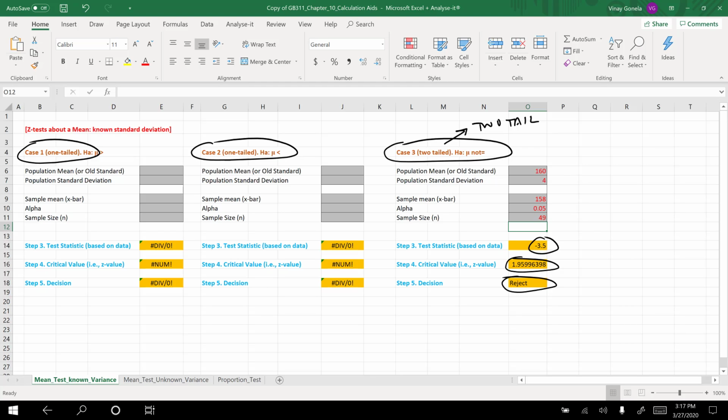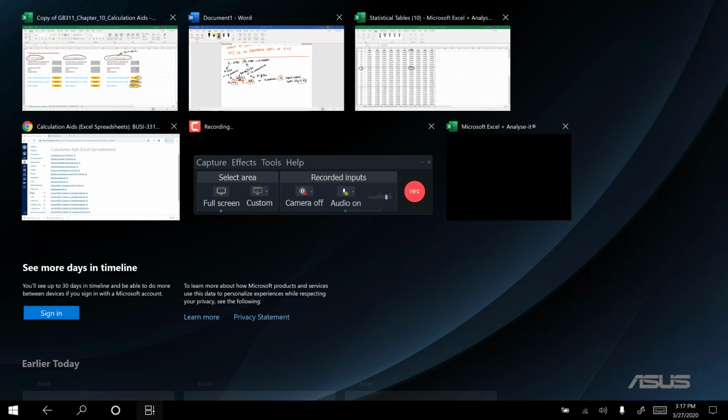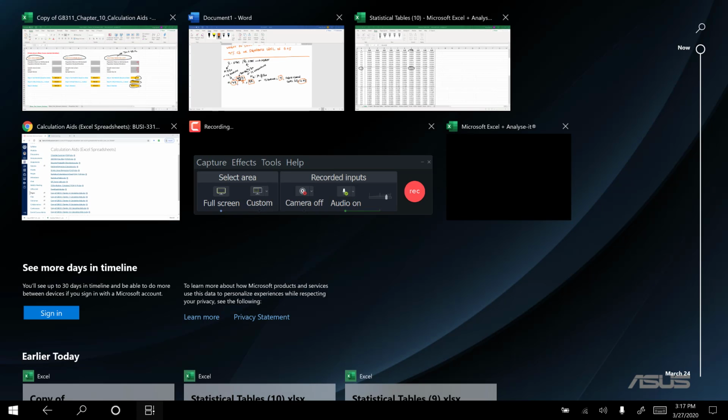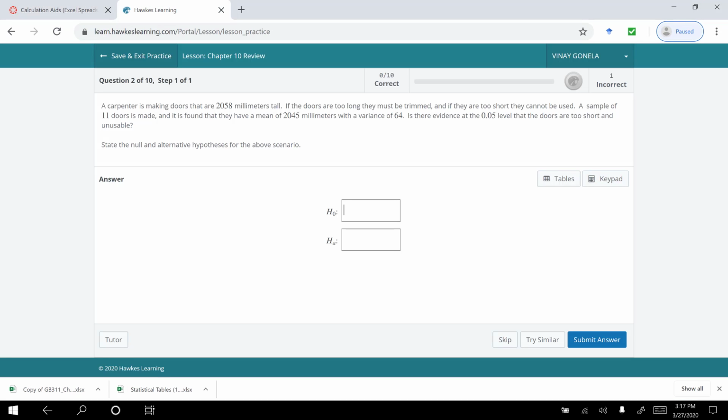So let's go to Hawk's learning and try to solve one problem on this. So I will go here. Okay, this is Hawk's learning. So a carpenter is making doors that are 2058 millimeters tall.